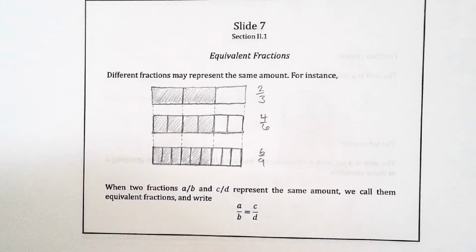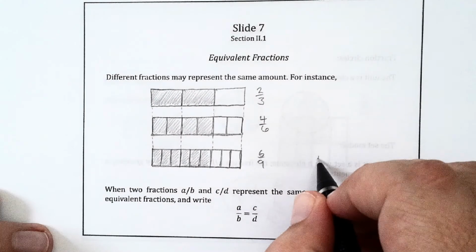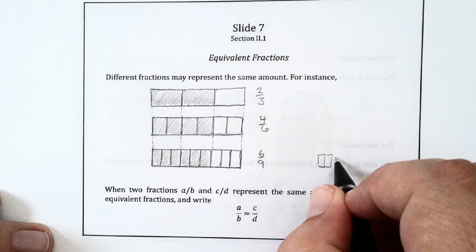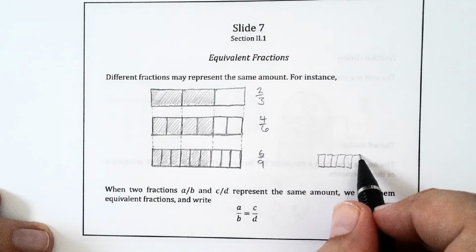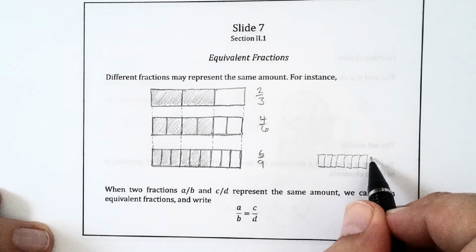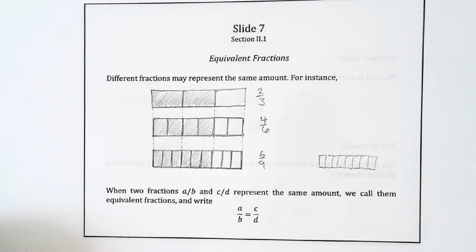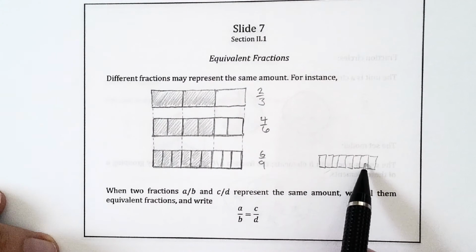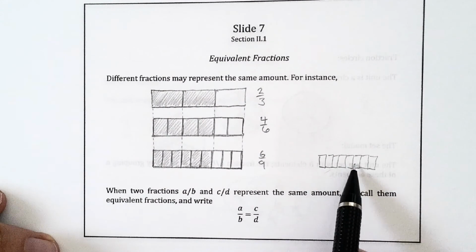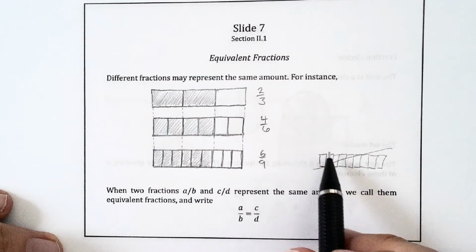Before I talk about that, let me emphasize something here. When you draw these pictures on your own, don't draw them by drawing the little rectangles first and then adding them on. Sometimes I see students do things like that. The reason that's not good practice, and you would definitely want to avoid if you're teaching, is that you have no control over how long the strip ends up being. So never draw them like that.